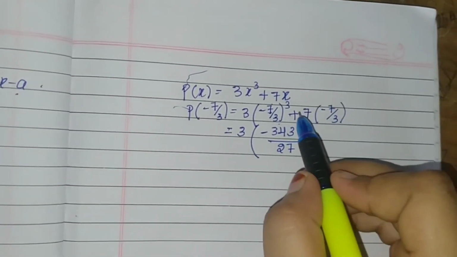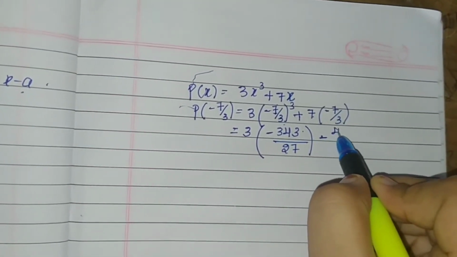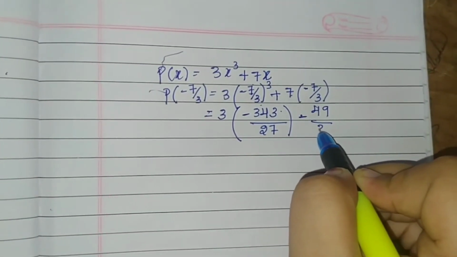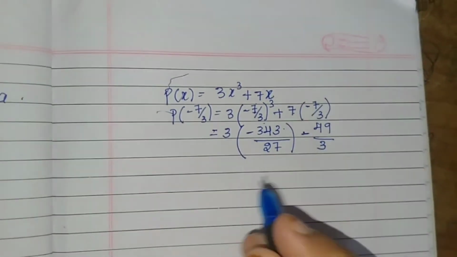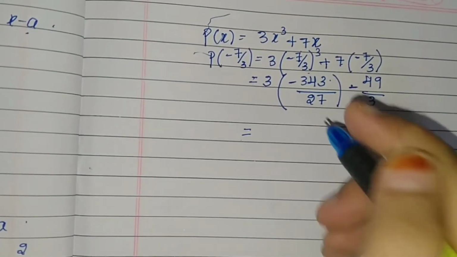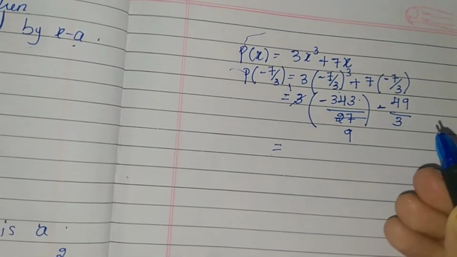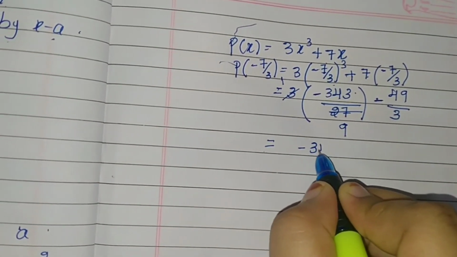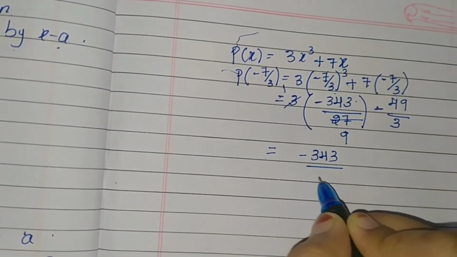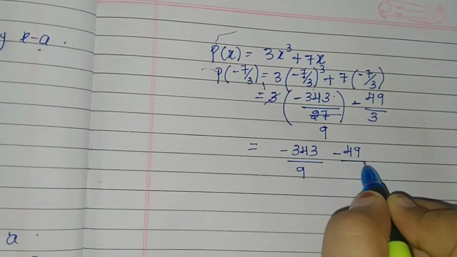So minus into plus into minus is nothing but minus. 7 sevens are 49 divided by 3. Okay. So now you can cut this, 3 ones are 3, 3 nines are 27, isn't it? So what is remaining here? Minus 343 divided by 9 minus 49 by 3.